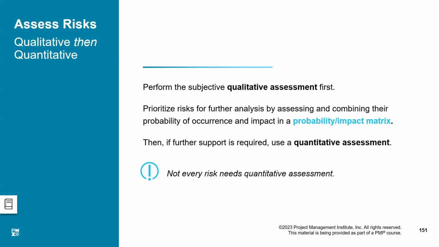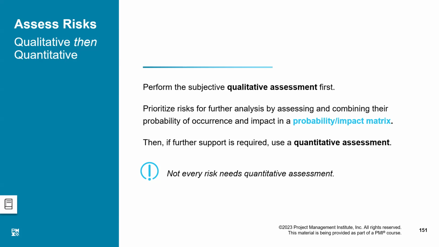Any opinion? The other is the description or opinion, and the other has values, numbers. Right. So the qualitative risk analysis is subjective in nature, whereas quantitative analysis is objective in nature.